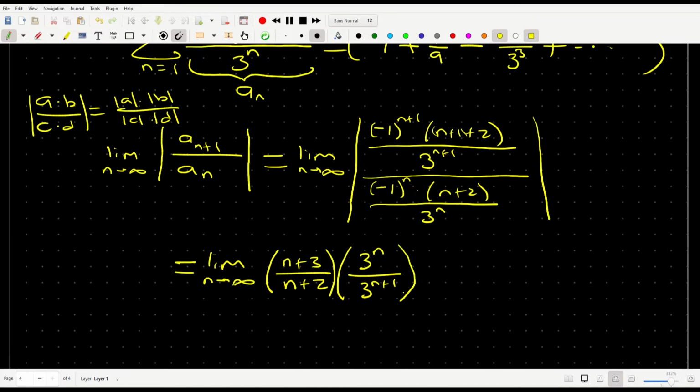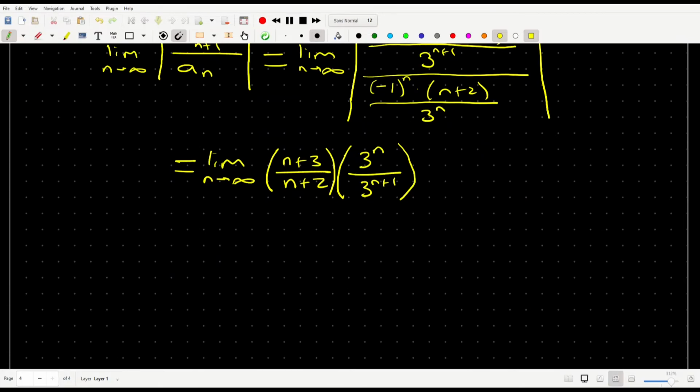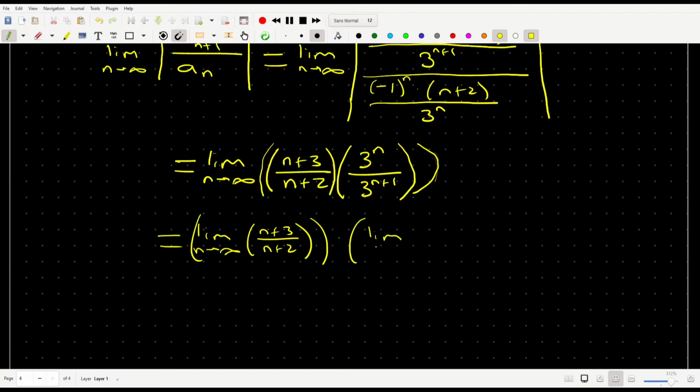You'll remember that if we have two separate sequences and the limit of both of them exists from Calc 1, the limit of the result is going to be the multiplication of these two limits. So the limit that we're looking for is going to be the limit of n plus 3 over n plus 2 times the limit of 3 to the n over 3 to the n plus 1, which is 3 to the n times 3 in the denominator there.